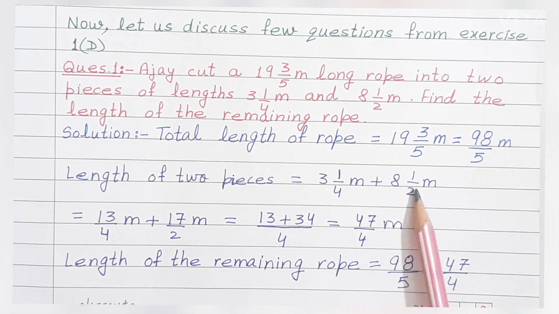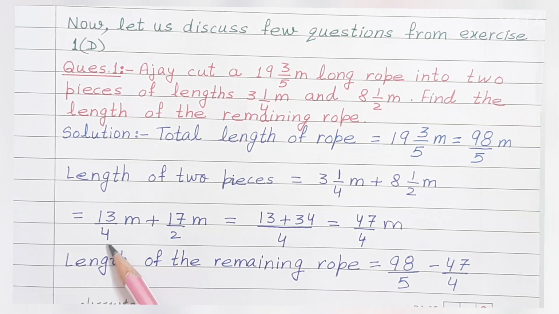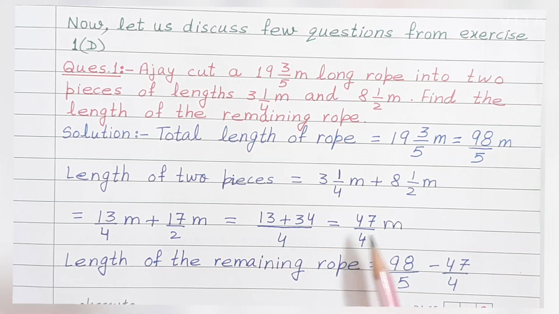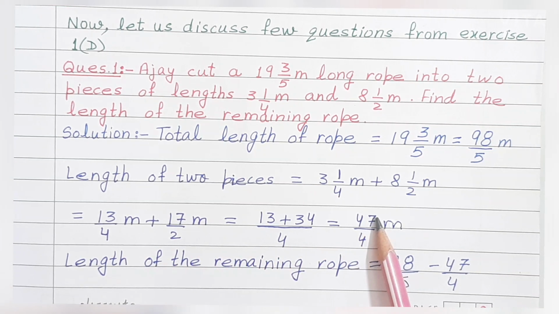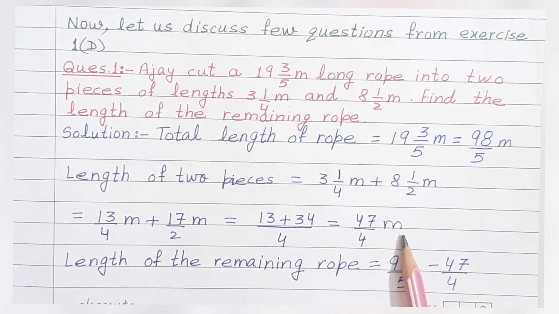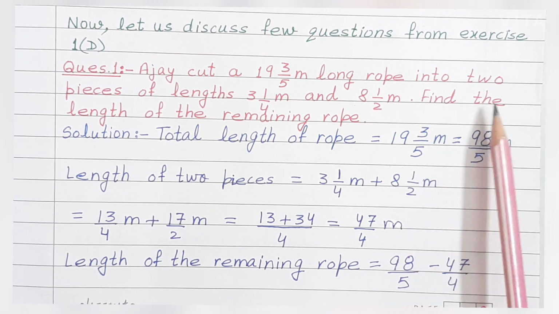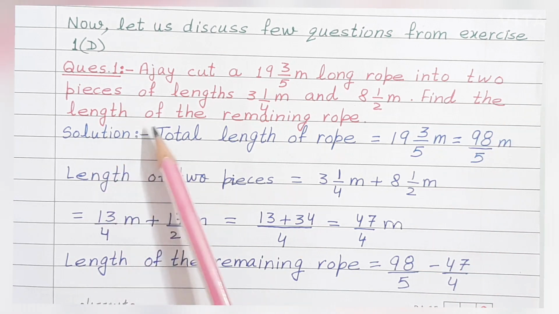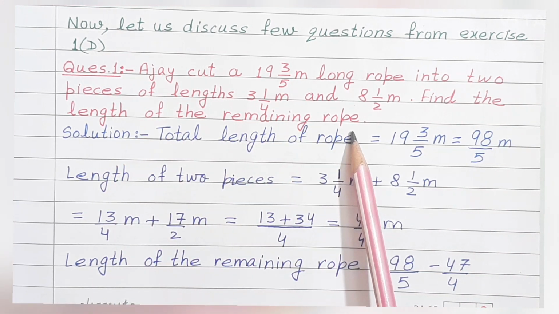Now let us convert both of them in improper fraction. That is 13/4 meter plus 17/2 meter. So after taking the LCM, we'll get the answer as 47/4 meter. Clear? Now according to the question, find the length of the remaining rope.